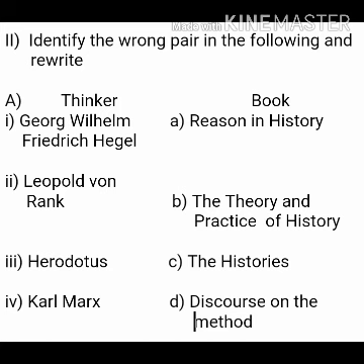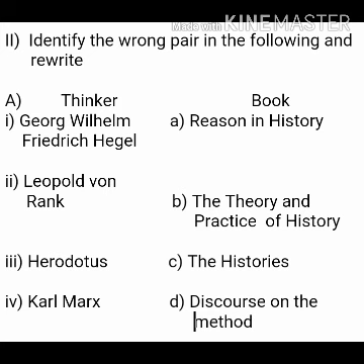In identify, you have two sides. One is left side and second is right side. So you have to read the left side and read the right side also. From these four pairs, one pair will be given wrong and you have to identify that wrong pair only and write down that wrong pair in the answer.